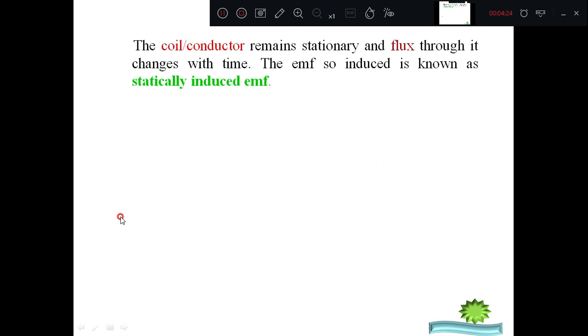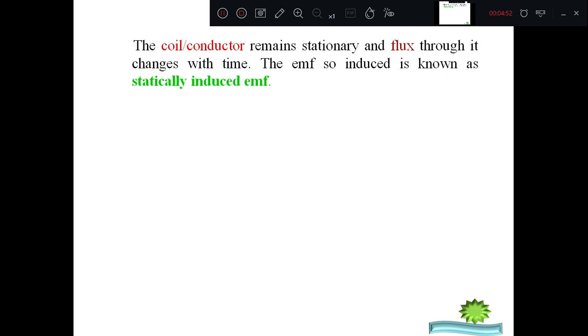To generate electricity, three things are necessary. One is the conductor, the second is the field, and the third is the relative motion between the conductor and the field. In a DC generator, the field is stationary and the conductors are rotating.